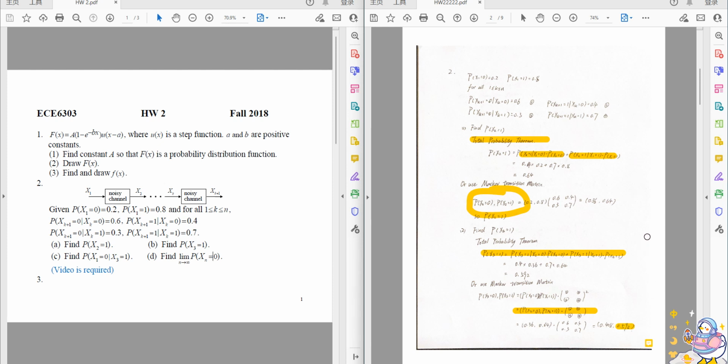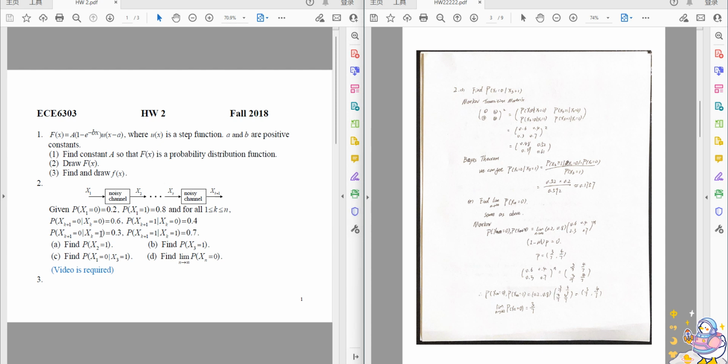And for the third question, we need to calculate the conditional probability of x1 equal to 0 based on x3 equal to 1. We can use the transition matrix squared to get the conditional probability of x3 equal to 1 based on x1 equal to 0, which is the reverse of the one in the question.